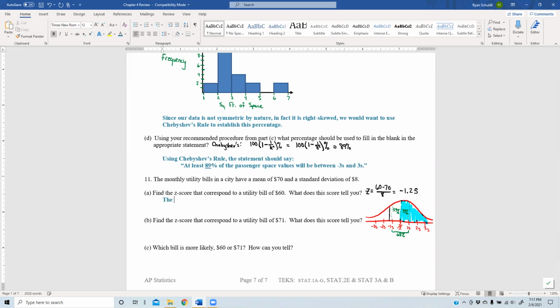So the utility bill is 1.25 standard deviations below the mean.